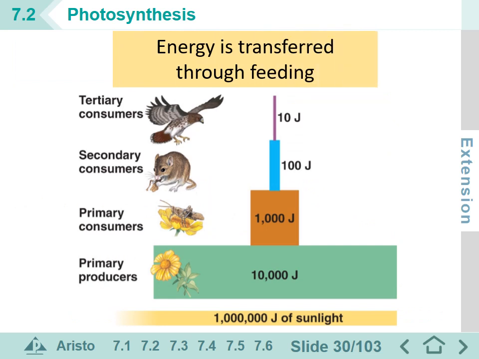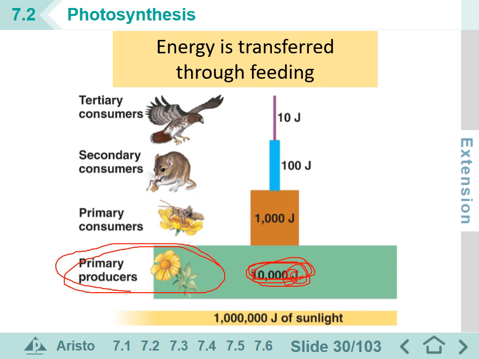However, in the process of energy transfer, there is a large decrease in the amount of energy. See the example. For the primary producers, the initial energy is 10 kJ, where kJ is the unit for energy.